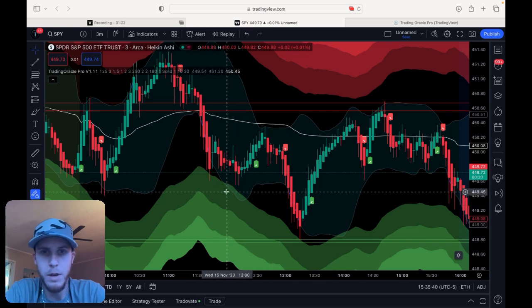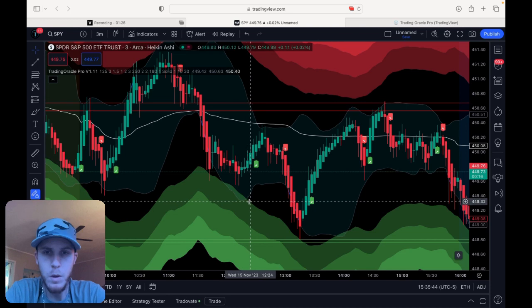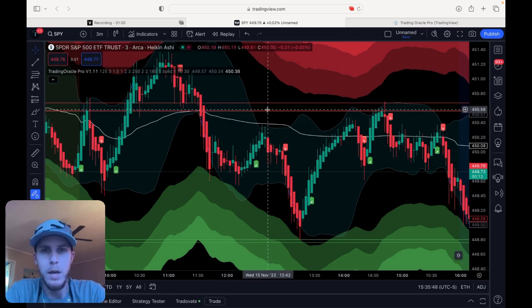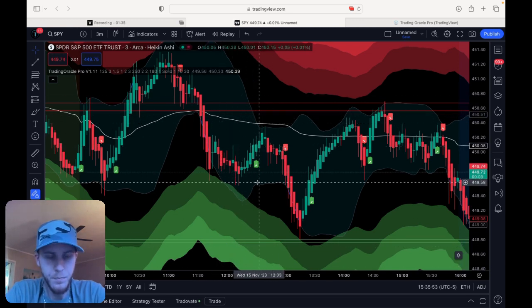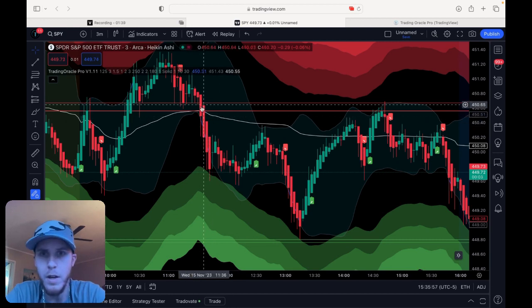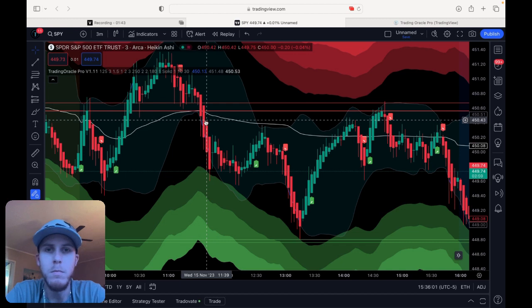I've also got the Bollinger Bands turned on, and obviously the buy and sell signals. But the main two that we're going to talk about today is just VWAP and the resistance and support lines.